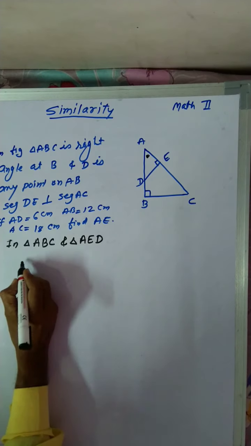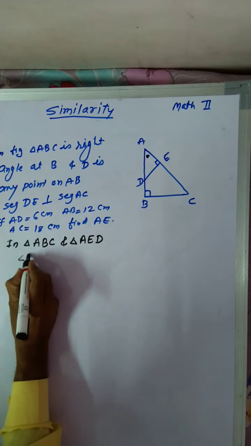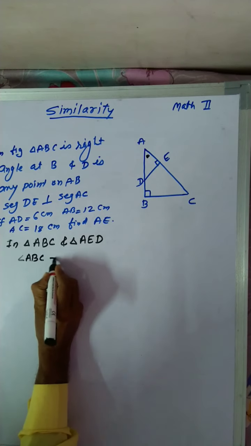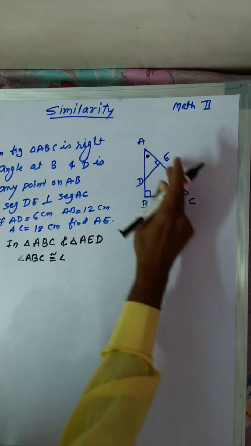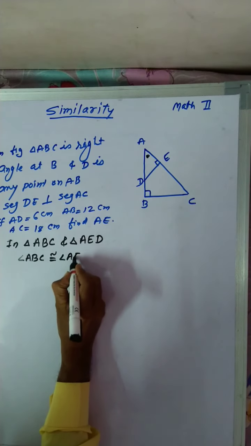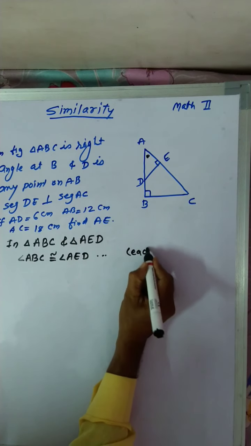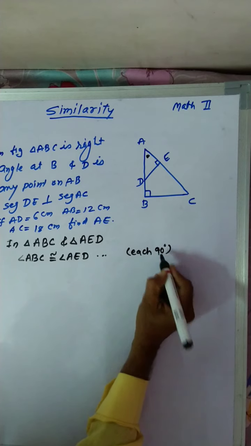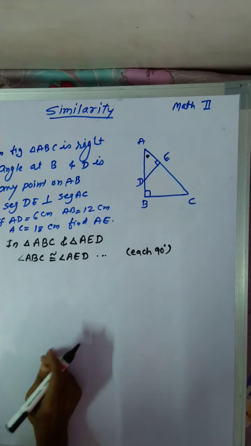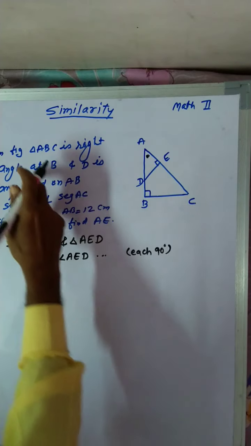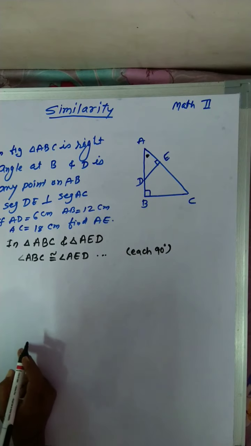Now we get that angle ABC is congruent to angle AED because each is 90 degrees. Both are 90 degrees because this is perpendicular, therefore that is 90 degrees, and this right angle is given, that is also 90 degrees.